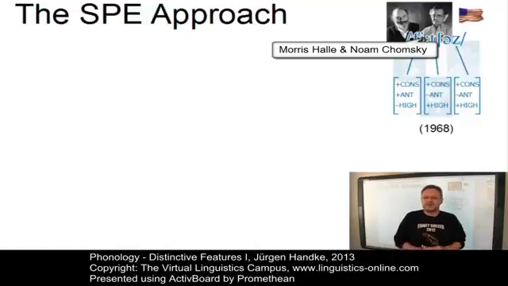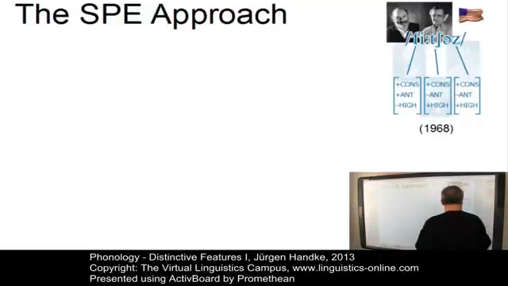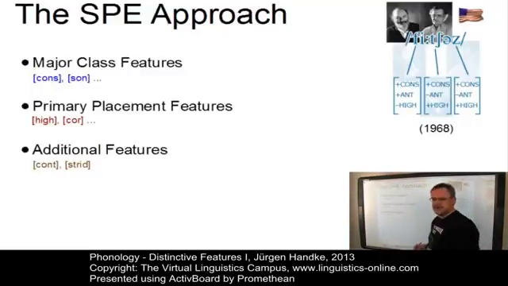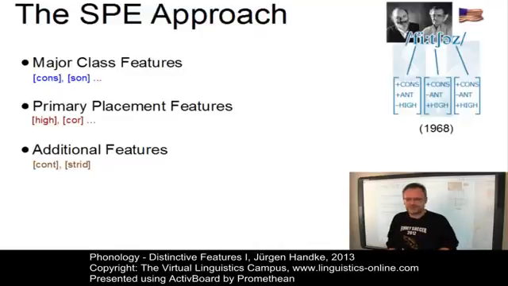And they defined distinctive features in two ways: as units that capture phonological contrast and patterns of languages, and as means that describe the phonetic content of segments. The Sound Pattern of English system can be divided into three general groups of features: major class features, primary placement features, and additional features. So let's look at them.